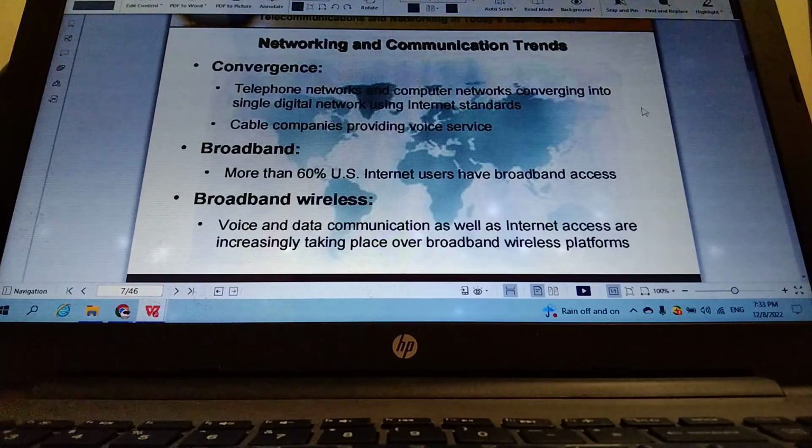And what is broadband? As we understand, broadband is where we use the internet at very high speed. It provides the traffic for internet users to access the internet. It says here more than 60% of US internet users have broadband access, and the number is definitely higher in today's world.